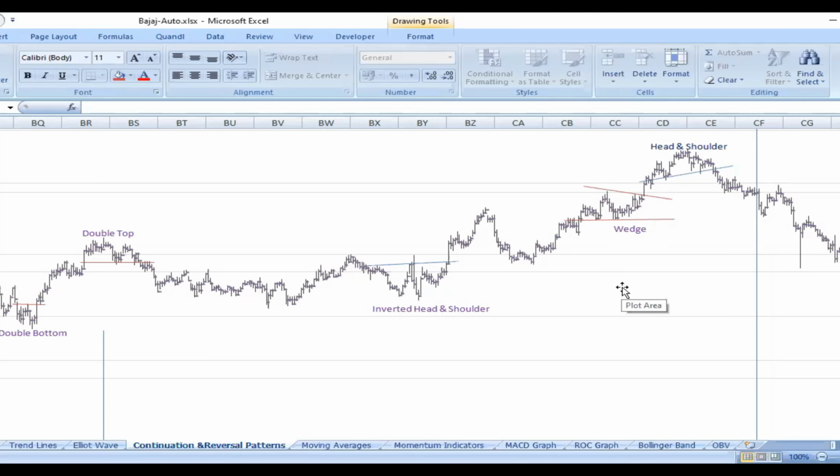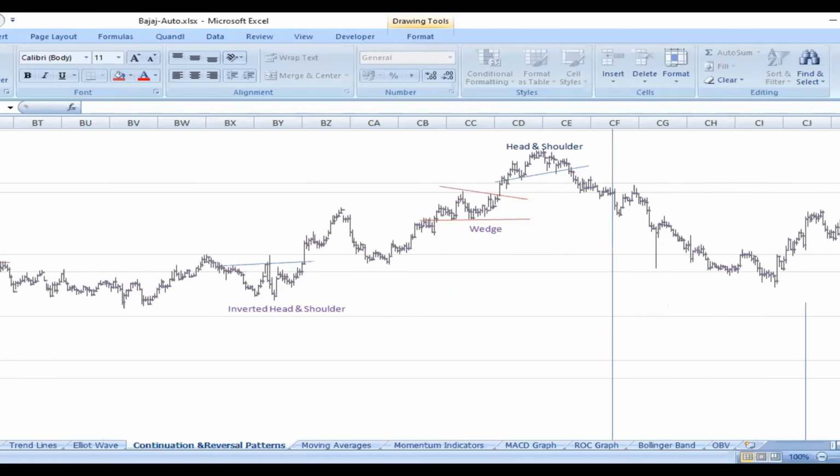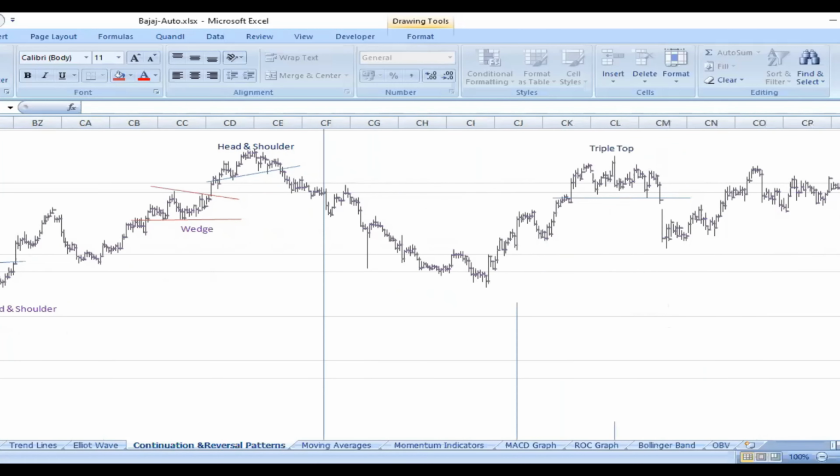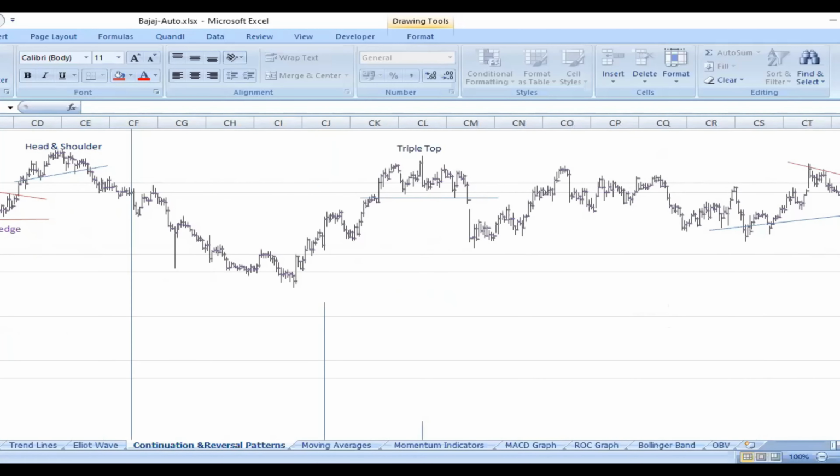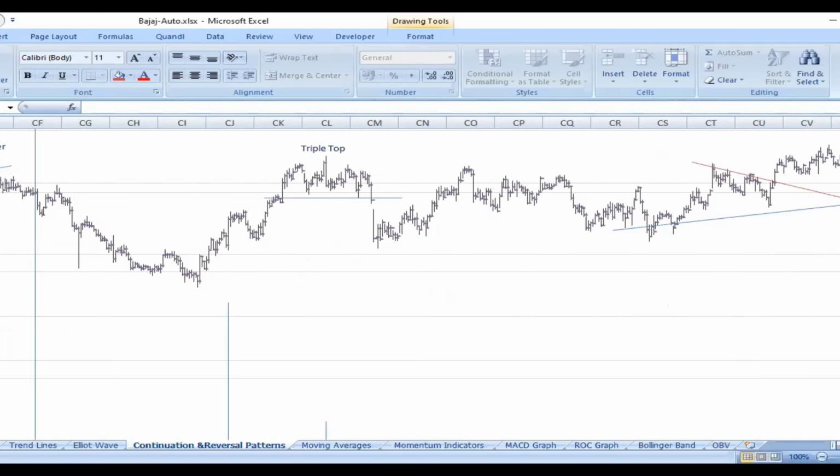There can be some broadening patterns as well, which means that the lows and the highs are expanding, and as soon as it breaks that zone, it is a reversal signal as well. So a broadening pattern can be used as a reversal signal. I couldn't find one in this graph, but just to let you know, this is a triple top.